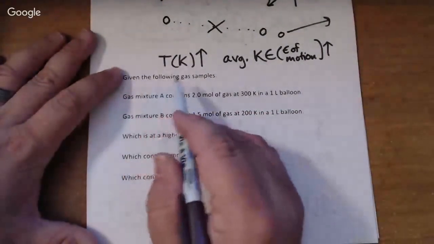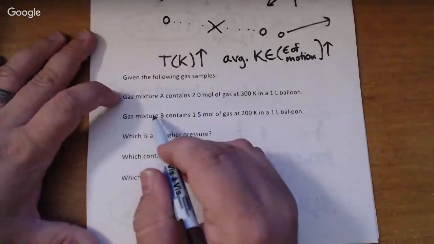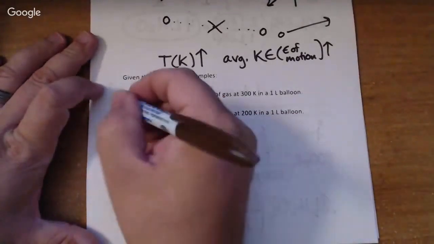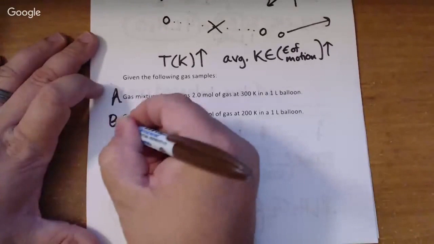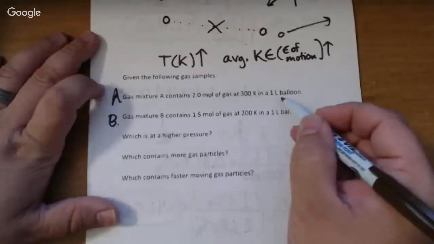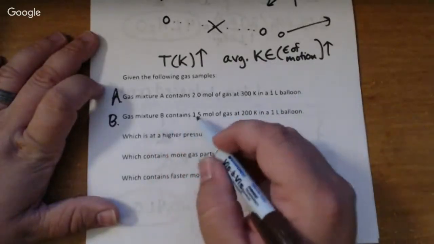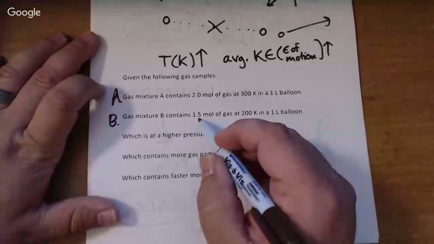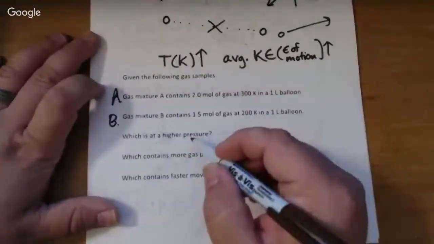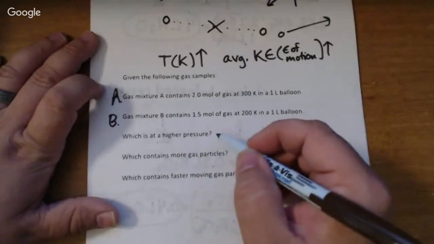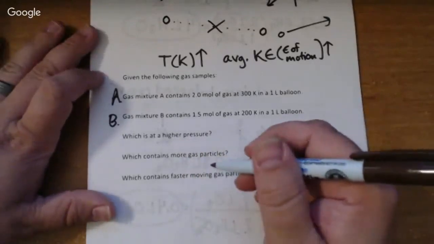It says, given the following gas samples, I have two gas samples, gas sample A, gas sample B. A has 2 moles of gas at a higher temperature in a 1 liter balloon. Gas mixture B has a little less gas at a lower temperature in the same size balloon. And it asks which is at a higher pressure. Okay, so let's think about this.